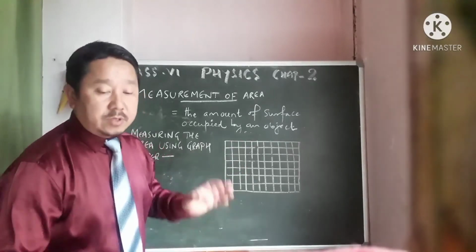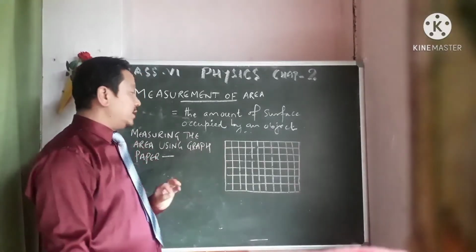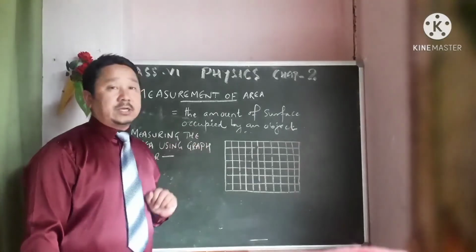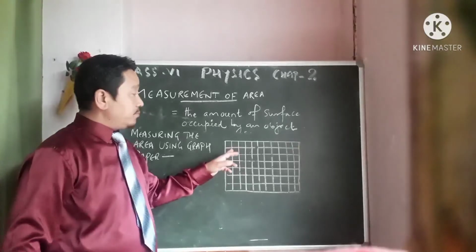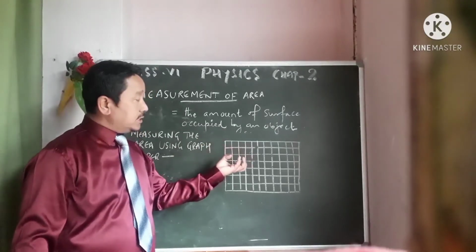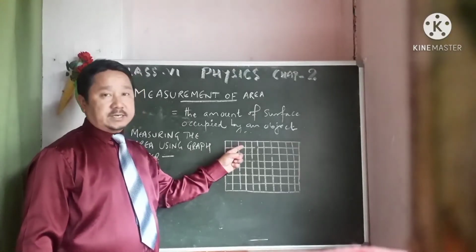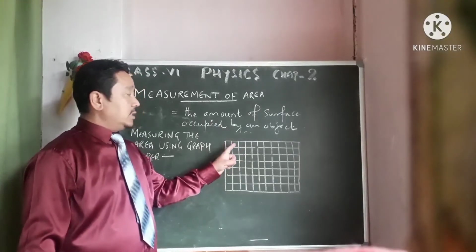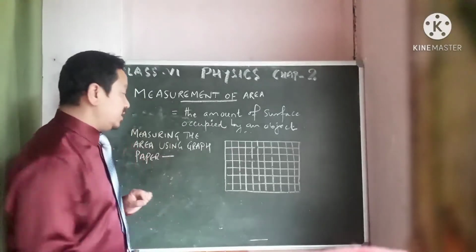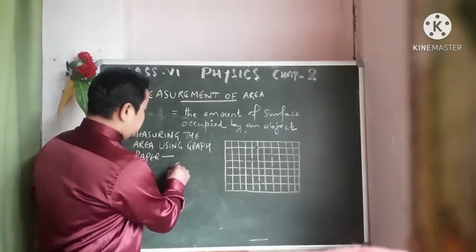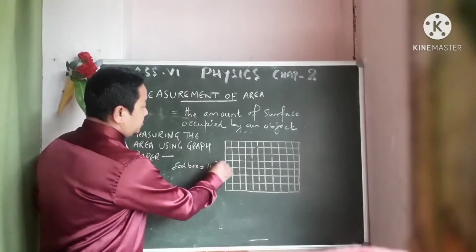So now how do we use graph paper to measure the area? Let us see now. The method is given there in the book also. You see the graph paper here. The graph paper contains a number of boxes here. Each box has the area of 1 centimeter square, that means 1 square centimeter.